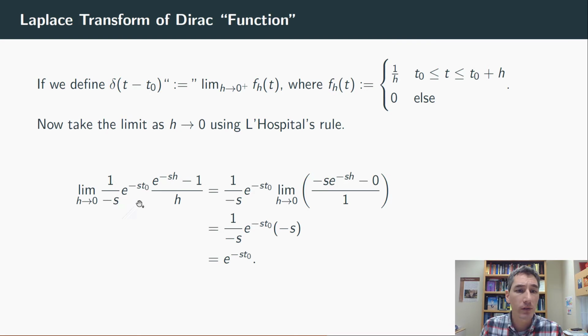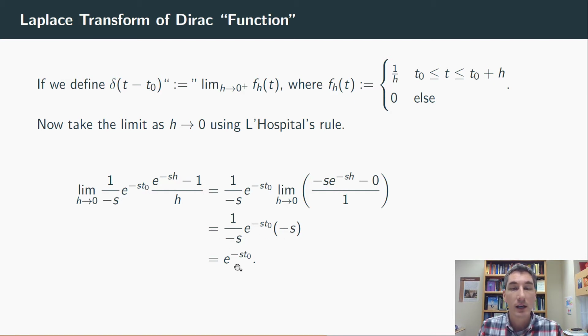So when we do that, essentially these are just things in terms of s's, so they aren't affected by the limit. And then we use L'Hopital's rule because this is type 0 over 0 in terms of h. Differentiating the top and the bottom gives you 1, 0, and then a minus se to the minus sh. As h approaches 0, this just becomes 1, and so you just have minus s here, which cancels that minus s.